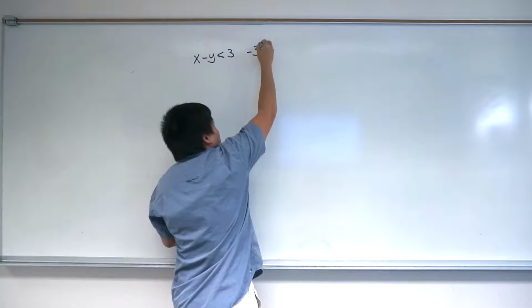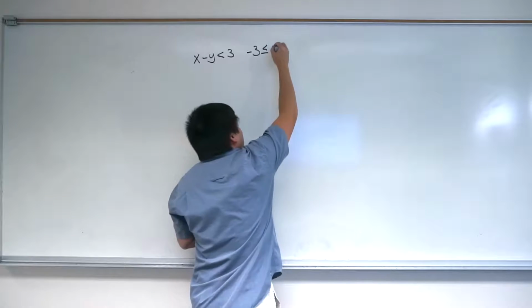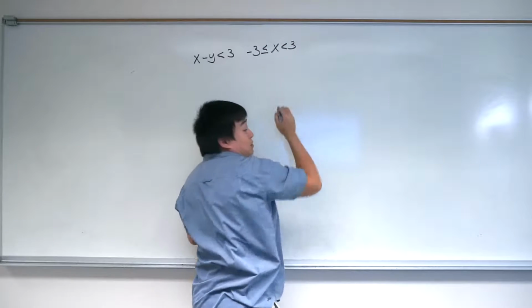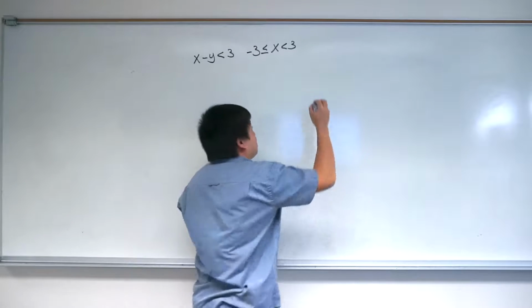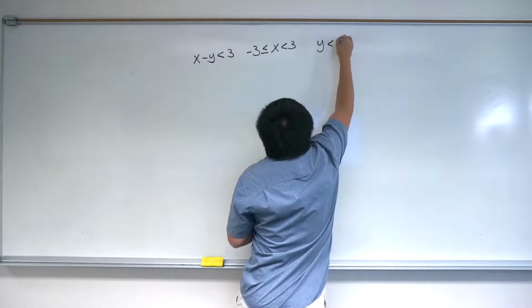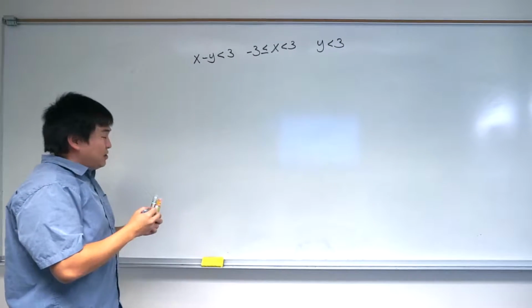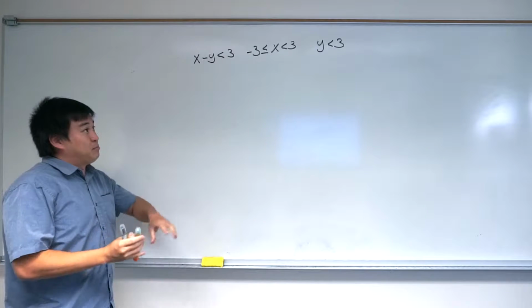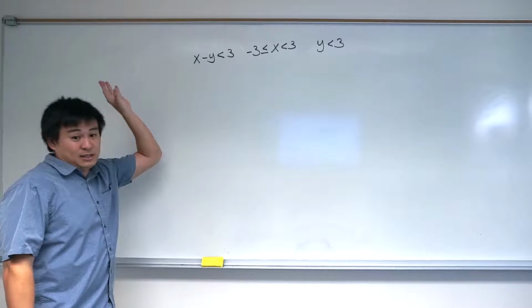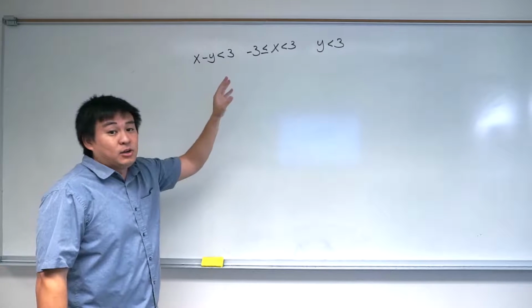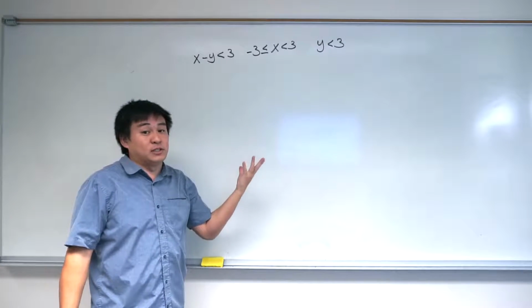Negative 3 is less than or equal to x, which is less than 3, and then y is less than 3. So again, fairly straightforward examples, because can we see that the two on the right hand side are actually done, right? There's nothing for us to do.